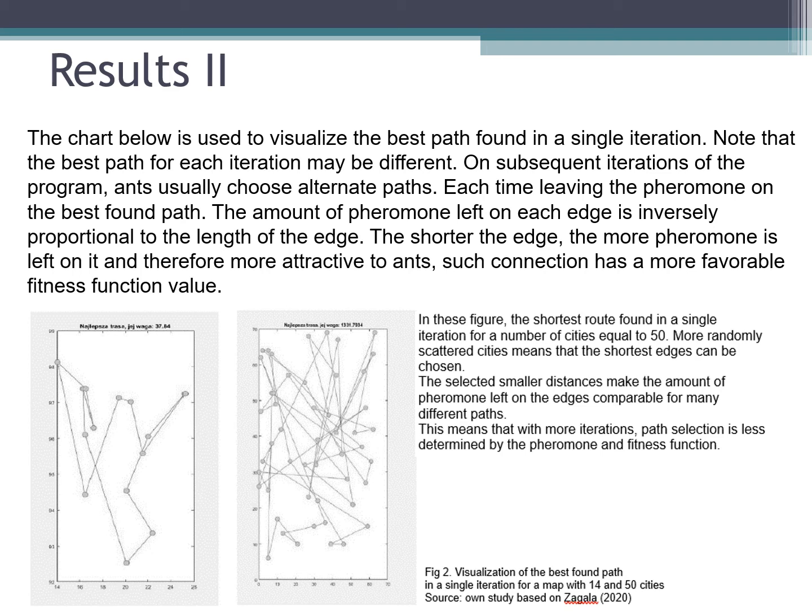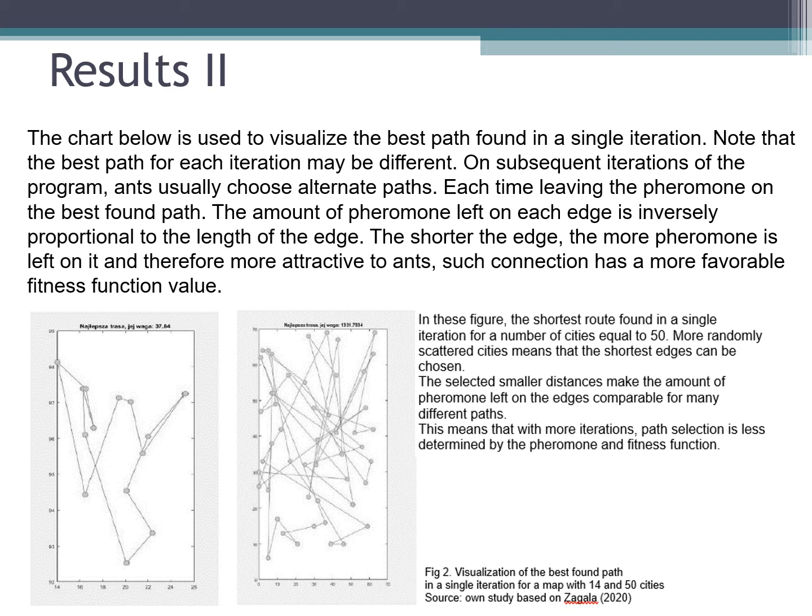Each time they leave the pheromone on the best found path. The amount of pheromone left on each edge is inversely proportional to the length of the edge. This means that if the edge is shorter, the more pheromone is left on it, and therefore the edge is more attractive to the ants.